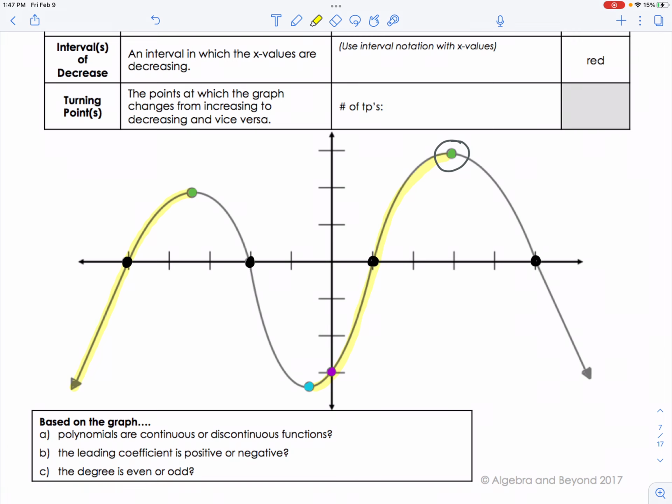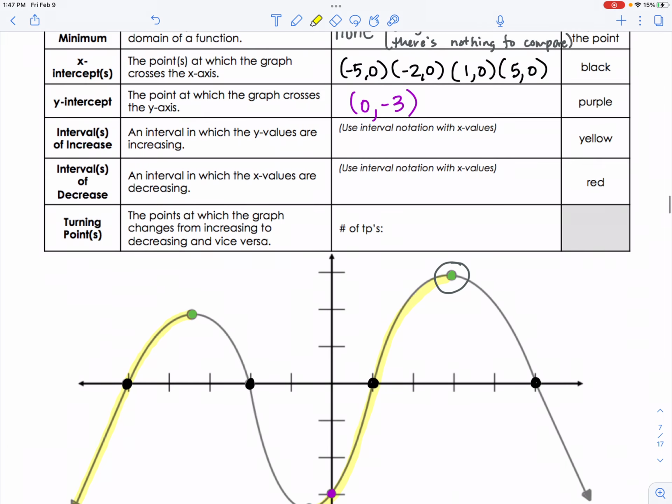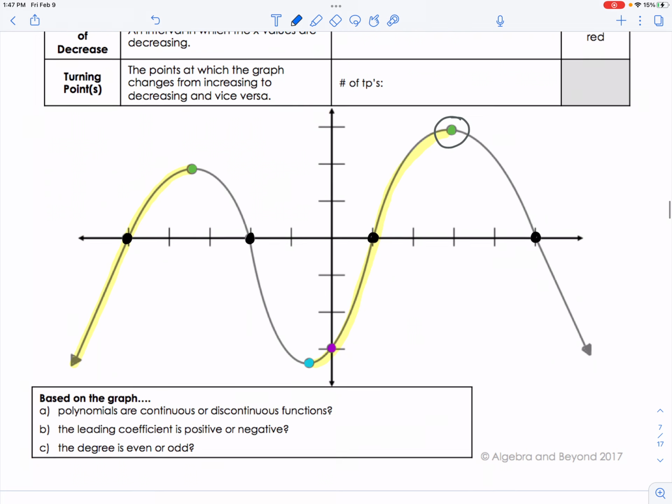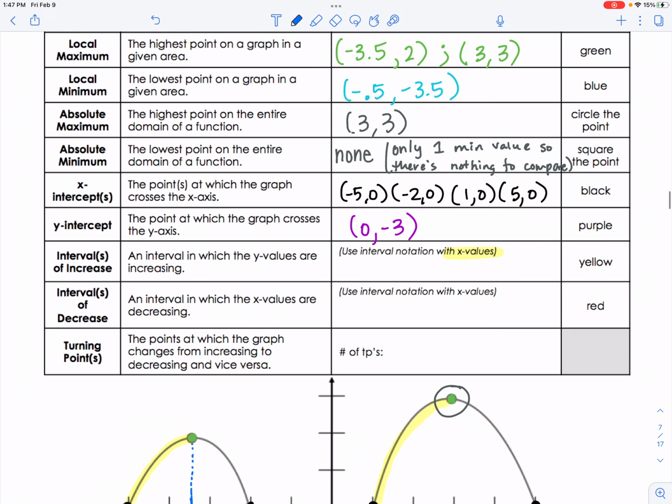The way we write that, remember, we're looking at intervals in which the y values are increasing, so we're looking at x values. When we look at the highlighted part, we're going from negative infinity, because we're going to the left, up to whatever x value this is here, which is -3.5. So we write down from negative infinity to -3.5.